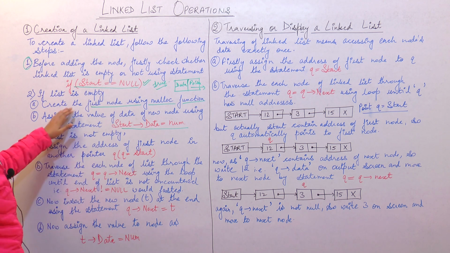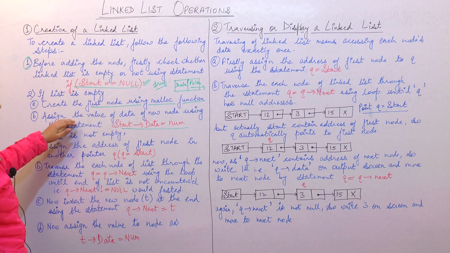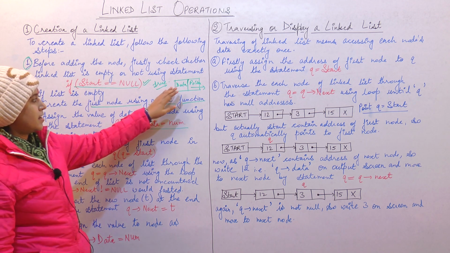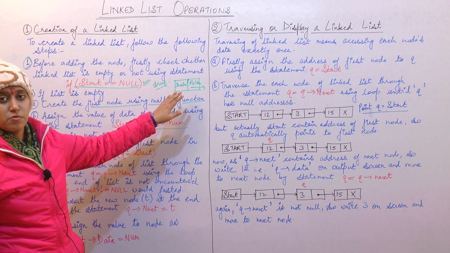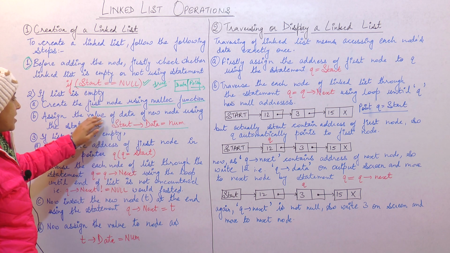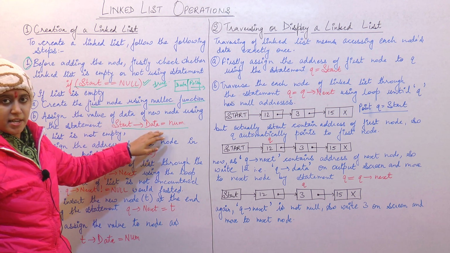So after creating the first node using the malloc function, we will assign the value of data of the new node using the statement start implies data is equals to num.